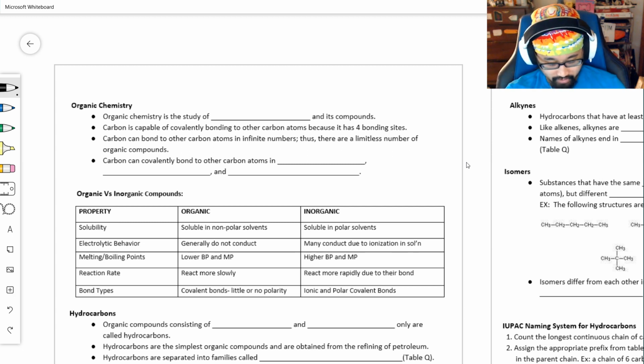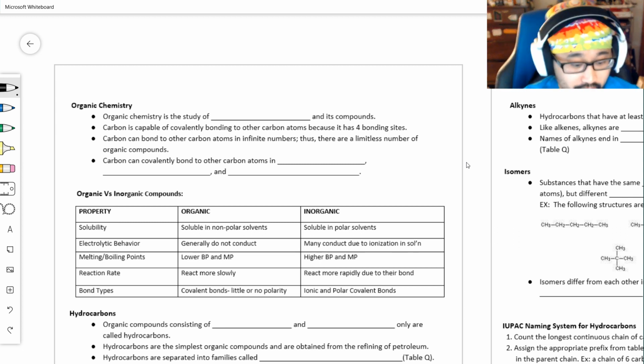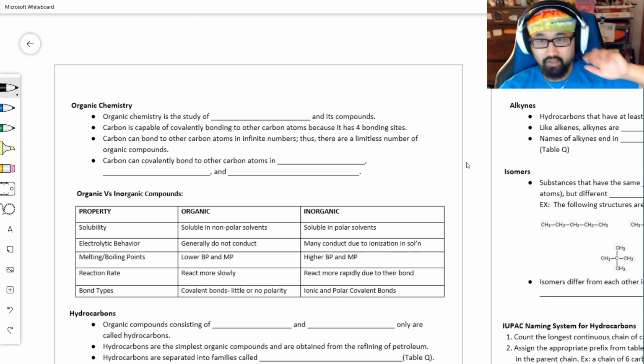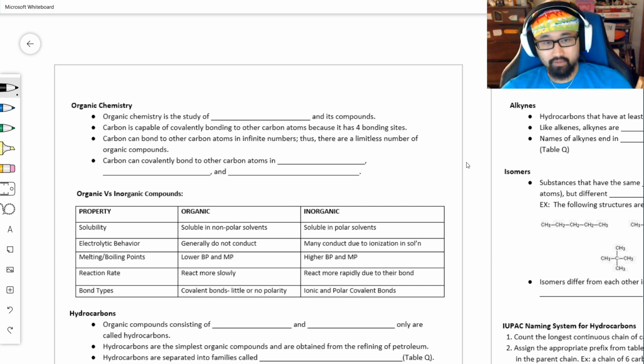The reason organic chemistry is a kind of scary class on its own is because organic compounds have a ton of their own rules. They act uniquely from other compounds that are inorganic, and you really have to know them front ways, back ways, upside down, left, right, inside out. And it's kind of wild.